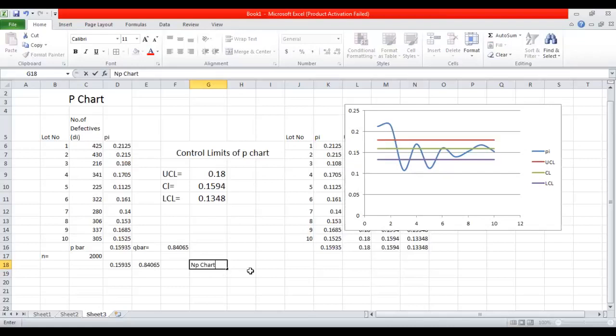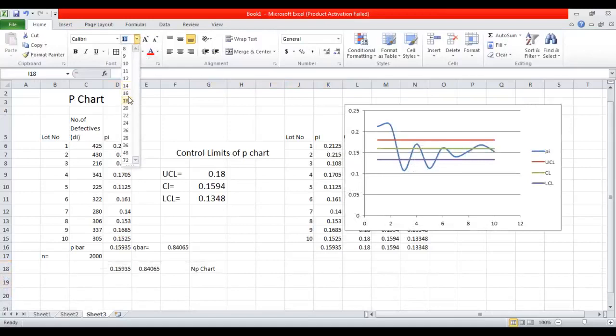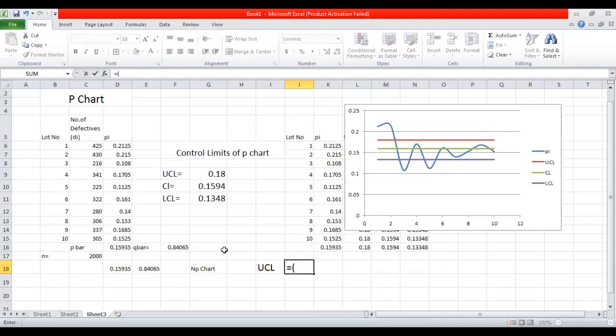NP chart or D chart is same. So for NP chart and D chart, what is the UCL formula? You'll get N into P bar. So also how to construct the control limits.